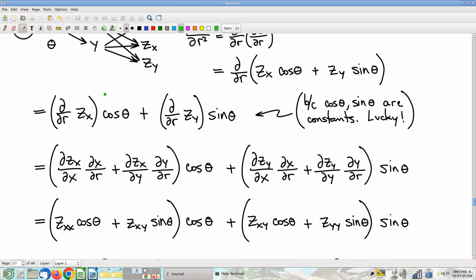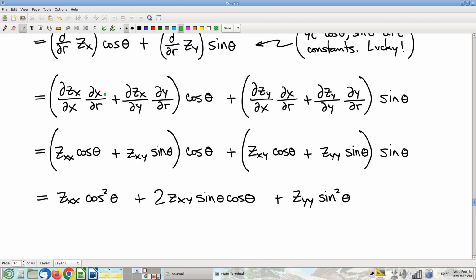Okay, it's all over but the shouting at this point. Partial of z_x with respect to x. Well, that's z_xx. And again, I can't simplify that because I don't know anything else about what that function is. It's just generically z_xx. Partial of x with respect to r, still cosine theta.